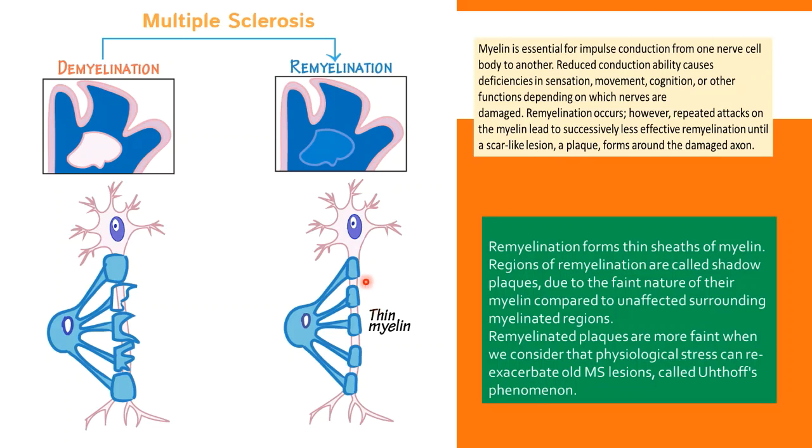Remyelinated plaques are very thin and faint, and therefore any sort of physiological stress can re-exacerbate an old multiple sclerosis lesion, and this is referred to as the characteristic Uhthoff's phenomenon. Okay, so this is characteristically referred to as Uhthoff's phenomenon. That is the reactivation of the old multiple sclerosis lesion, because of the destruction of these thin remyelinated plaques.